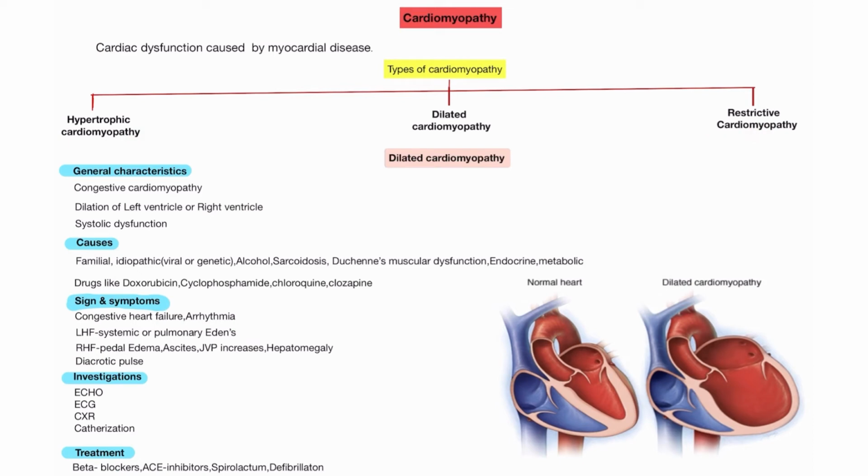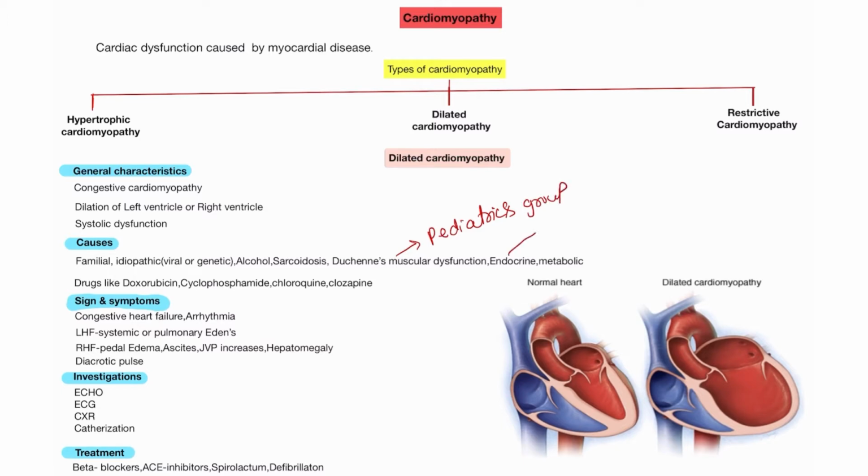There are different causes of dilated cardiomyopathy, like familial, idiopathic, sometimes viral disease, or genetic causes. Alcoholism also causes cardiomyopathy. Sarcoidosis, Duchenne muscular dystrophy, which mostly occurs in the pediatric group, in children.